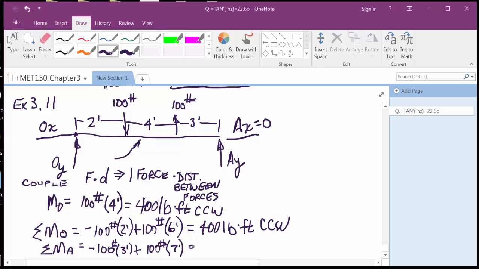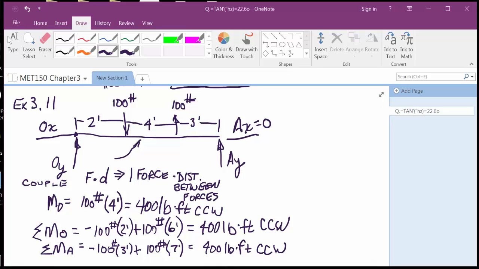So you get 700 minus 300 is 400. Thank goodness they used easy numbers. The positive beats the negative, which means that it's CCW.